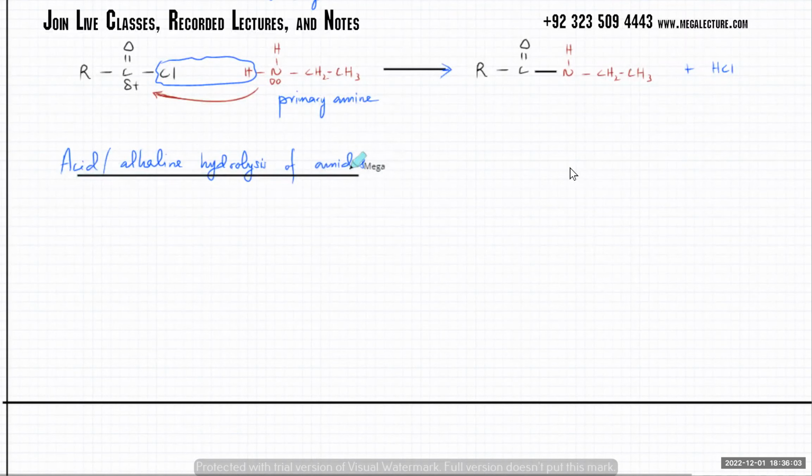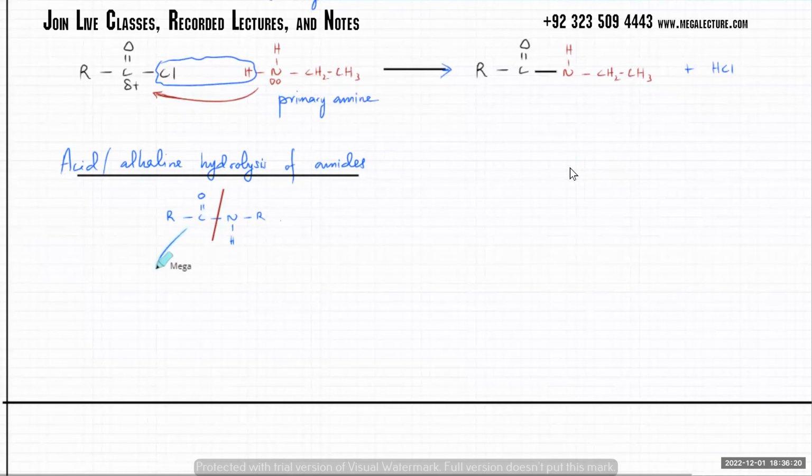So if you have an amide, let's say this is a primary amine that has made an amide. What's going to happen is that the bond in the middle is going to break. The amide is going to break.